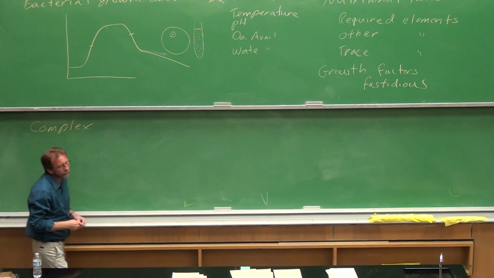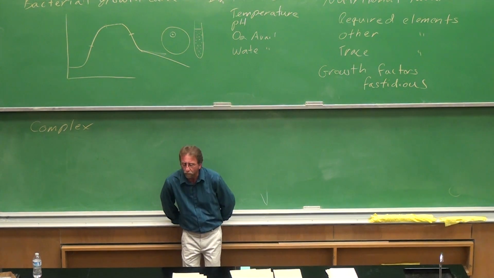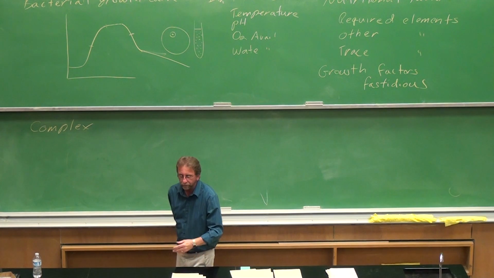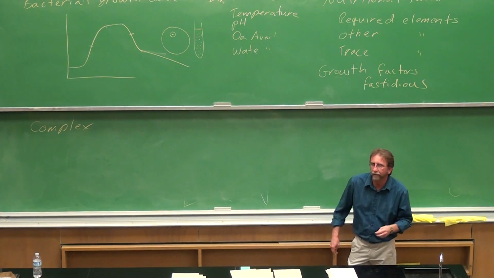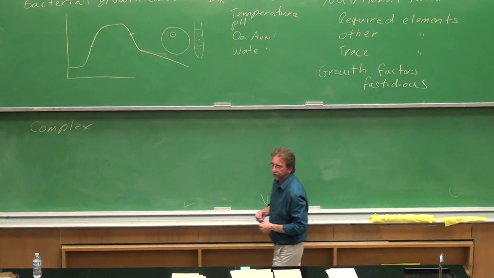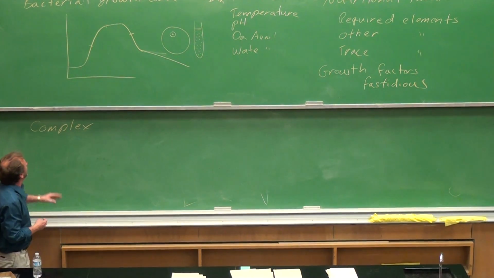A complex media is one where we would find a bunch of ingredients, a variety of ingredients in it. So like I mentioned before, peptone and yeast extract and other things that would allow for a general bacterial growth to occur, general population of microbes to occur.